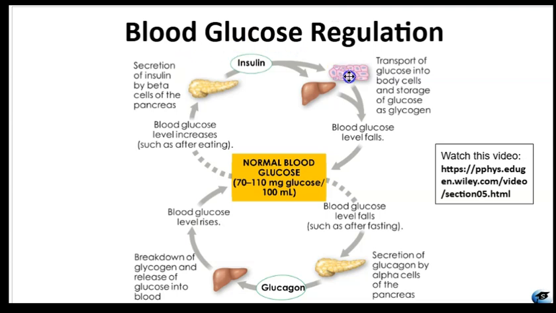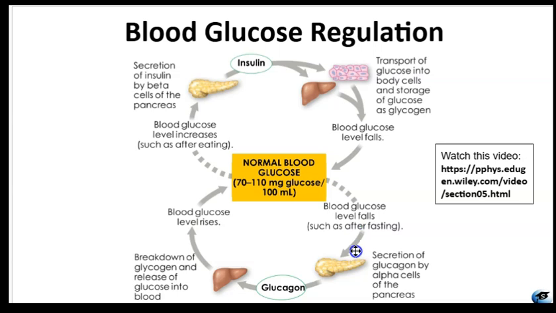And this figure here is just going through how normal blood glucose is maintained. There's a video here also that can help walk you through these steps, but essentially if your blood glucose increases too much, the pancreas produces insulin. Then the glucose is processed and sent to body cells and your blood glucose level falls.